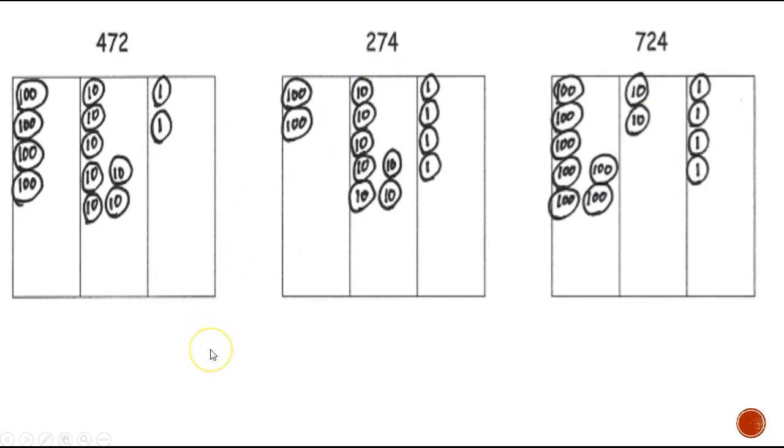Now let's determine which number is greater. So let's look at the hundreds place for each of these numbers. This has 4, this one has 2, and this one has 7. So which one has the greater number of hundreds? Right, the 724. So that means that this number, 724, is the greatest.